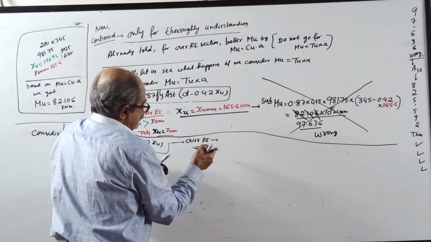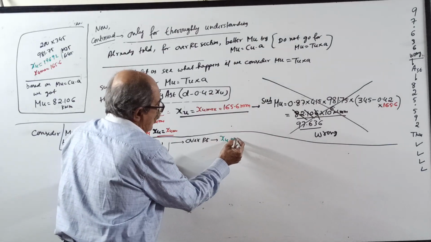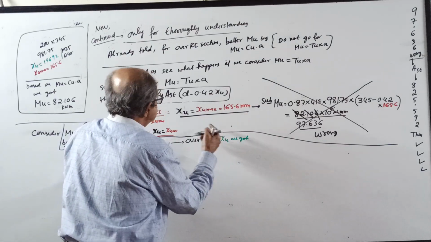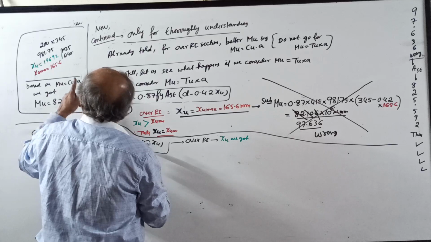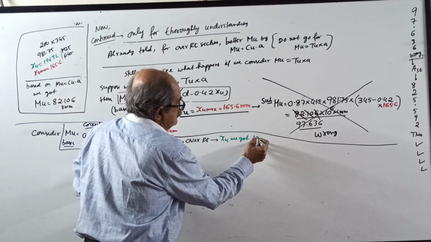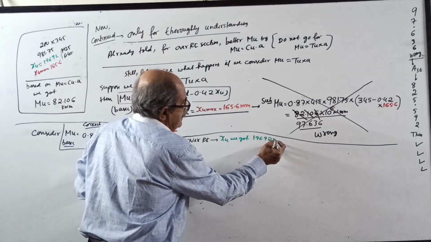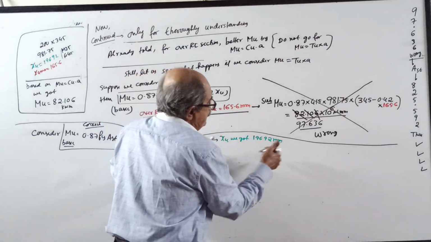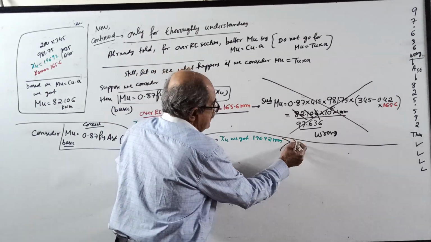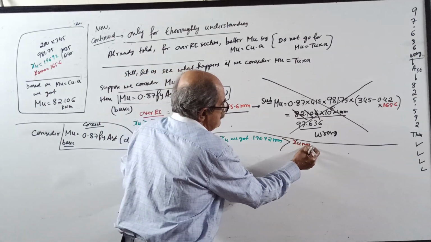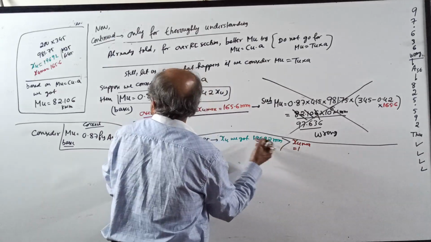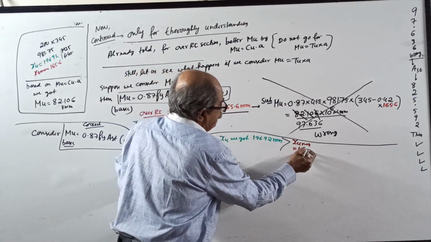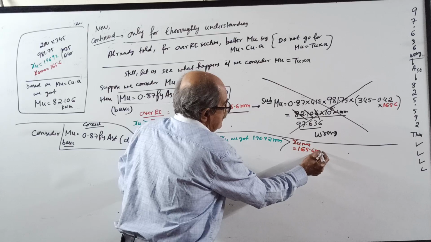So, Xu we got how much? 196.92 millimeter, which is more than Xu max equal to 165.6 millimeter.